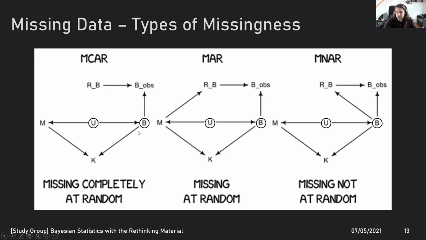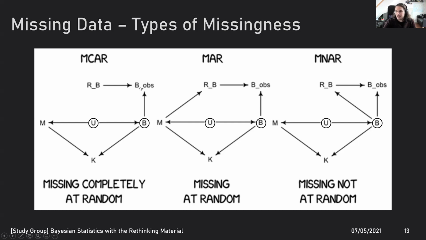However, this all gets exacerbated when we go to missing at random, and I'll point that out again in a second. There is some process here that leads to observations of brain size missing. In this case right here, that process is completely random. So just random observations have lost their brain size values.